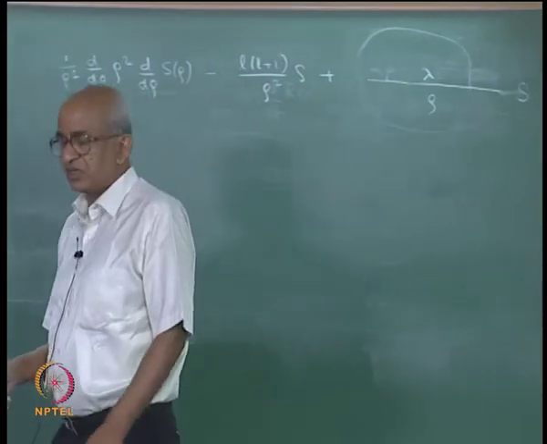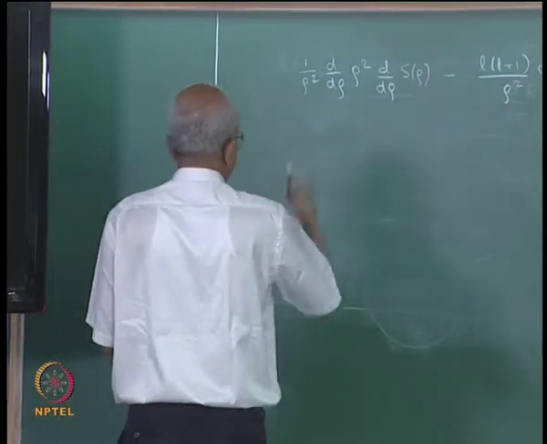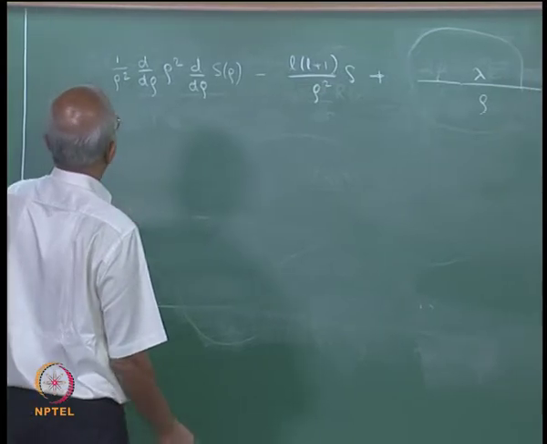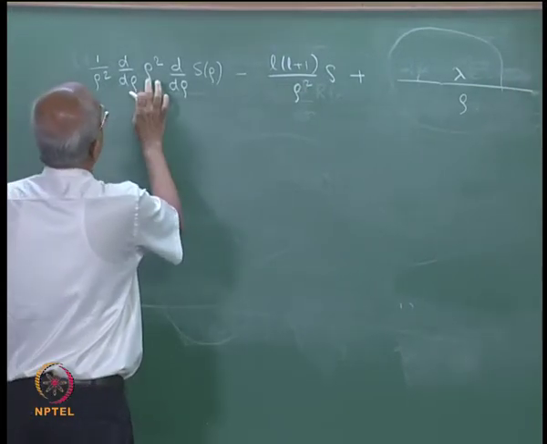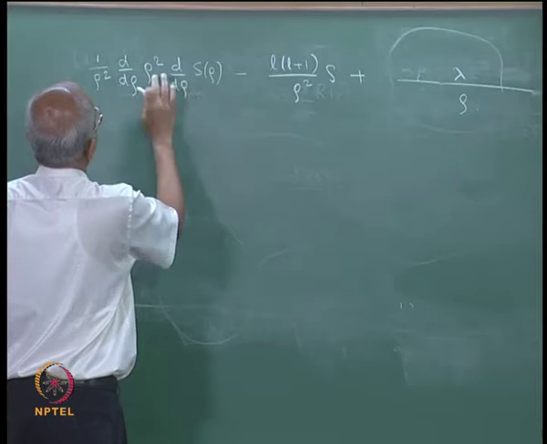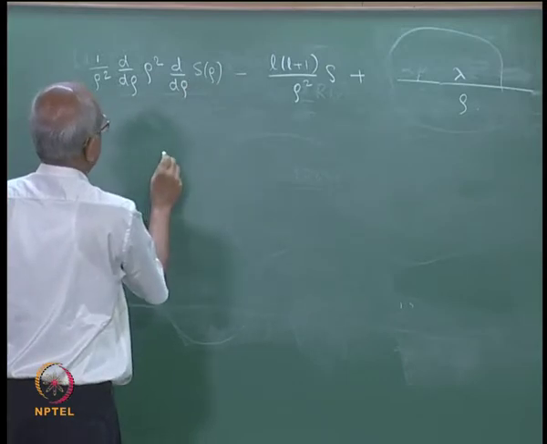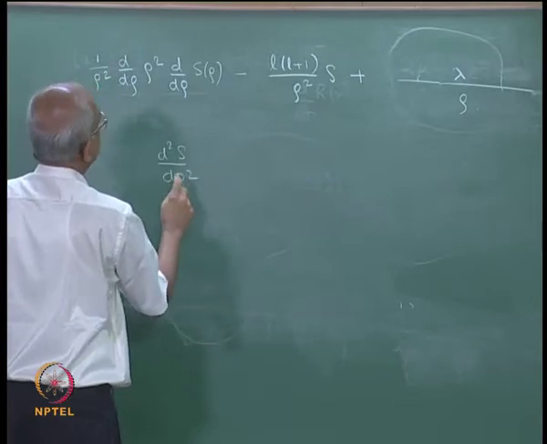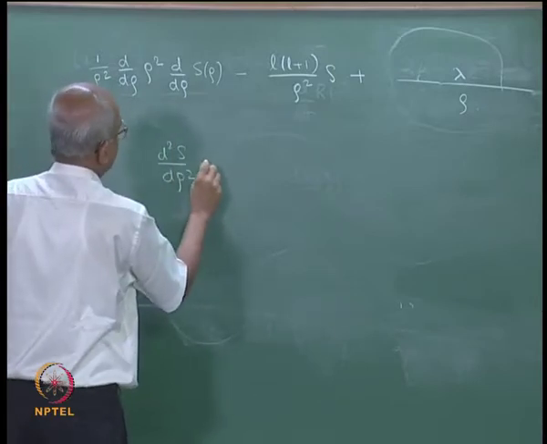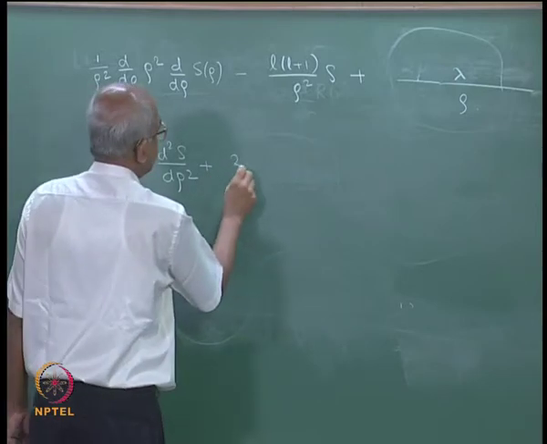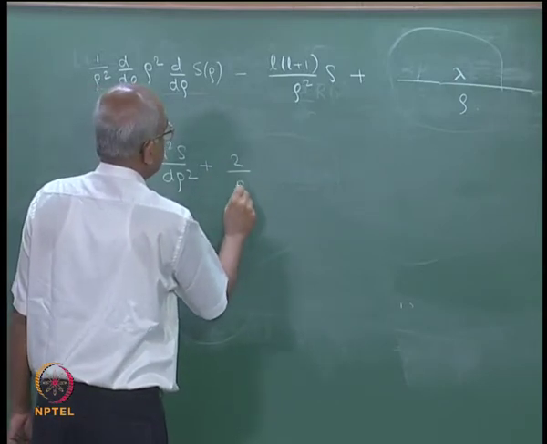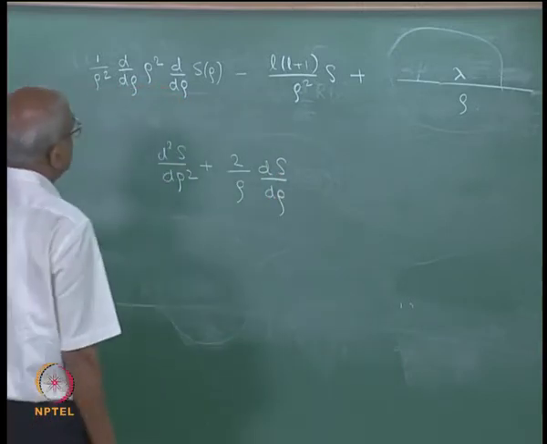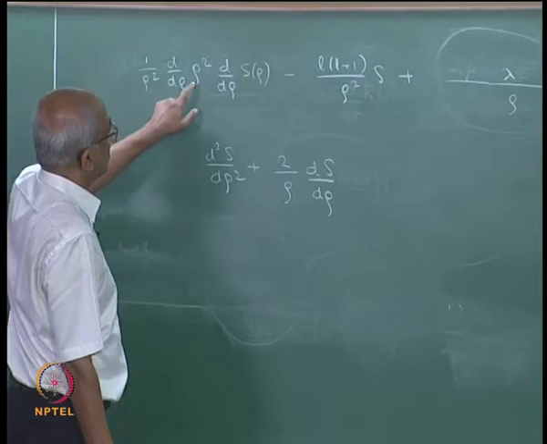And this is the differential equation that I have to solve. Let me rewrite this equation in a slightly modified fashion. I will carry out this differentiation, and if I carry out the differentiation, what is going to happen is I shall have d square s by d rho square. Simple thing to carry out the differentiation. So, let me just write it. These are the two terms that will come from here.